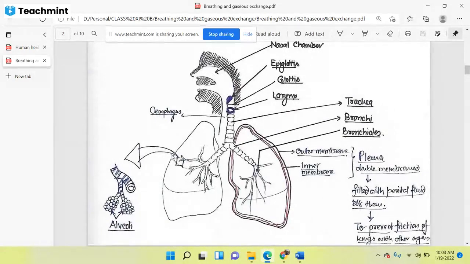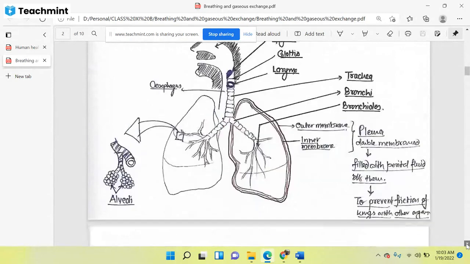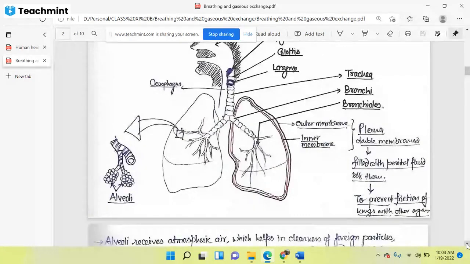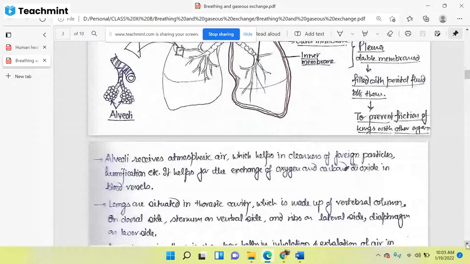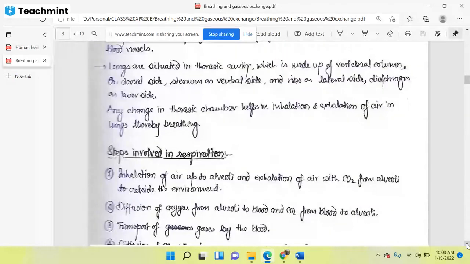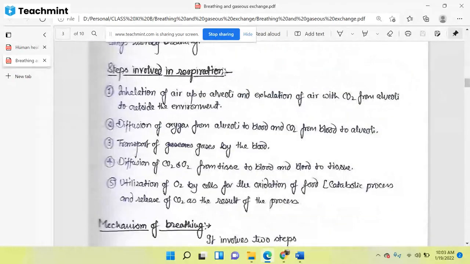And I told you at that time how the blood vessels absorb oxygen in the alveoli, and that the alveoli is the site where the oxygen will be trapped by the hemoglobin of our RBC, and from there the oxygen will be transported to different organs and distributed. So here we have to start from the steps involved in respiration.